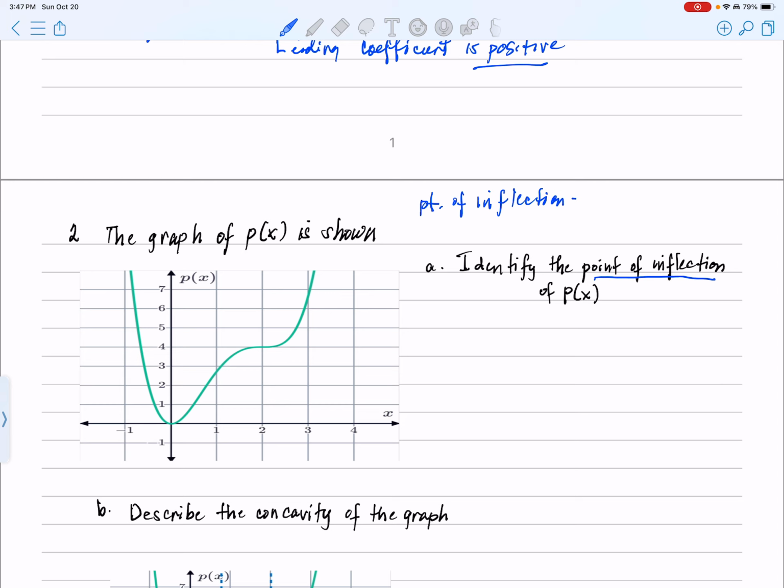A point of inflection occurs where the concavity of the graph changes, let's say from concave down to concave up, then concave down again. At that point, when it starts to change, there is a point of inflection.